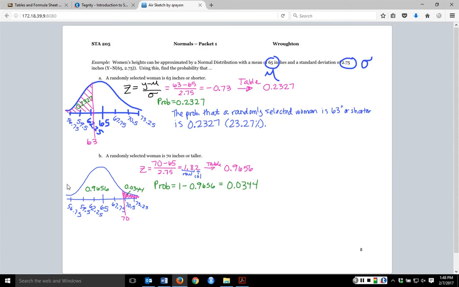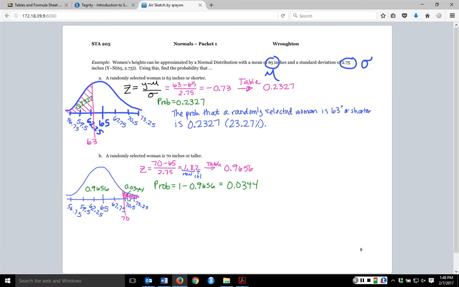Right, so now if I add those two numbers together, I have 100%. I have everything. Which piece I actually want is my shaded pink piece here. So that's going to be my probability. If I would have got 96.56 as my answer and maybe not realized that I should have done the 1 minus, this is where the picture can be helpful too. I know if I took everything to the right of 65, that would be 50%.